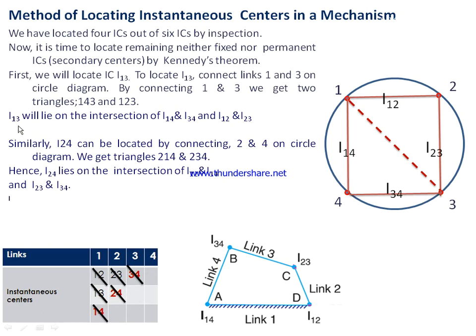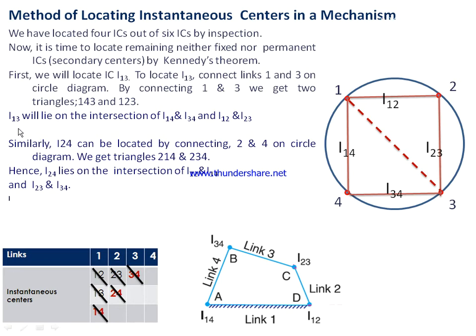Now the instantaneous center I13 will lie on the intersection of the line through I14 and I34. Similarly, another line consists of two instantaneous centers I12 and I23.